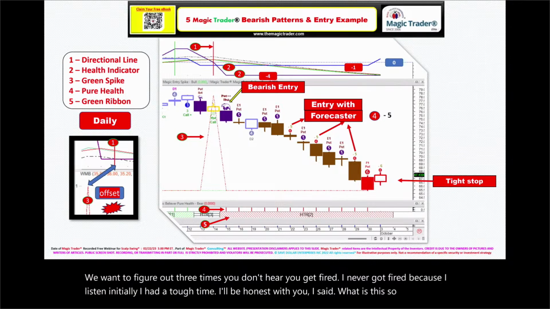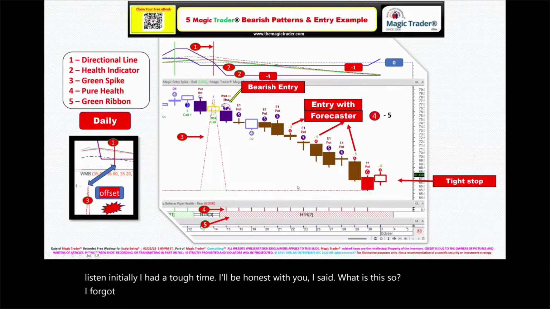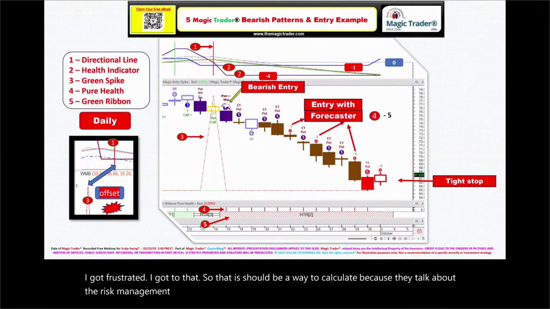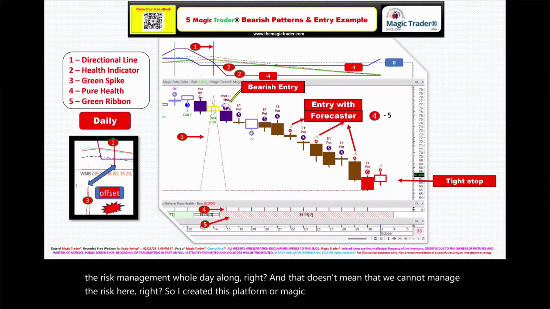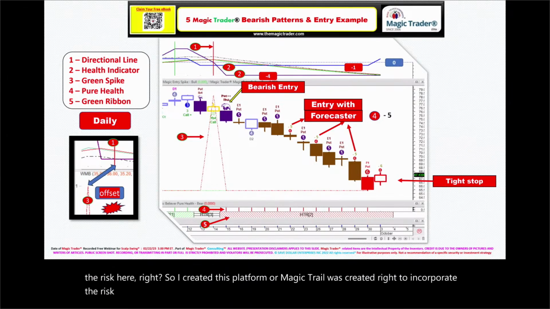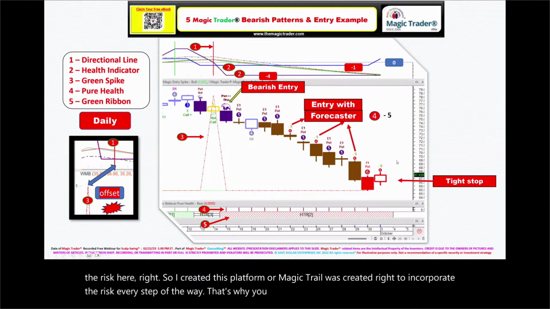So I got frustrated. There should be a way to calculate, because they talk about risk management the whole day long, right? And that doesn't mean that we cannot manage the risk here, right? So I created this platform, or Magic Trader was created, right, to incorporate the risk every step of the way. That's why you see so many symbols.